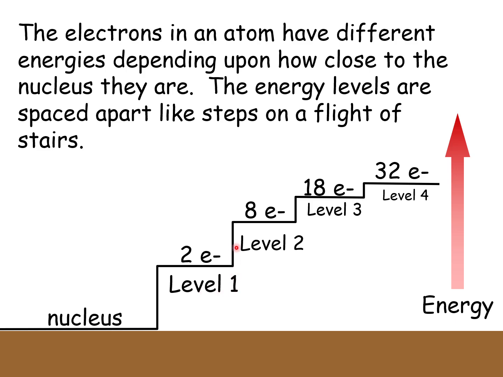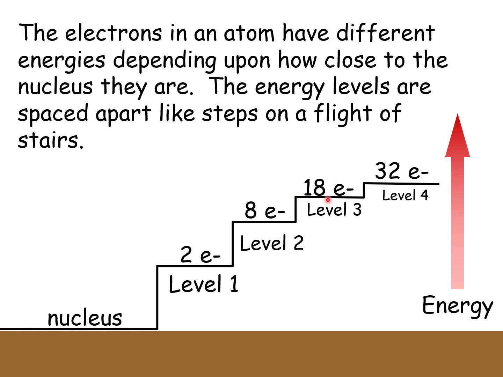And then we have still a big step, but not quite as big as that first one. We get to the second energy level, and that one holds a maximum of 8. And then, again, a slightly smaller step, and it's really important that you notice that these energy levels are getting closer and closer together because it affects the chemical properties of these atoms significantly.